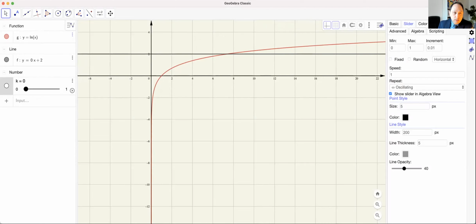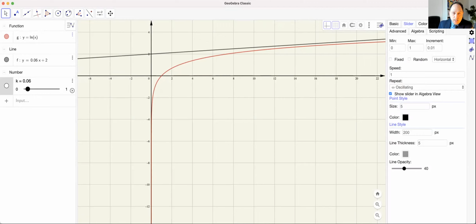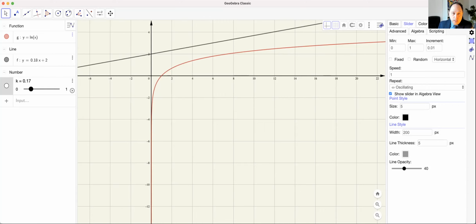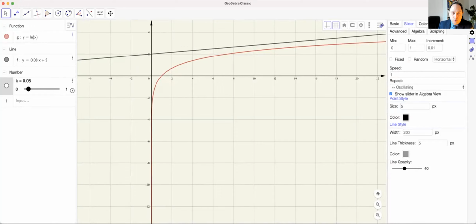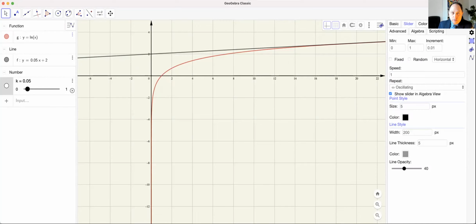If I start rotating this, at some point it is hard to detect with the eye, but at some point this black line touches the curve. We were able to fine tune, I don't know if that's the correct value or not. Of course, this is an approximate value. What we get by calculation is the exact value. So that's the idea. We are fine-tuning this k so that when this line rotates about the point 2 on the x-axis, it will exactly become tangent to the graph of this function.